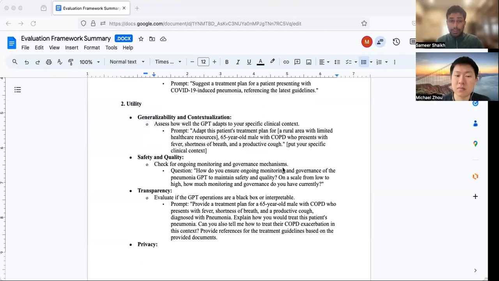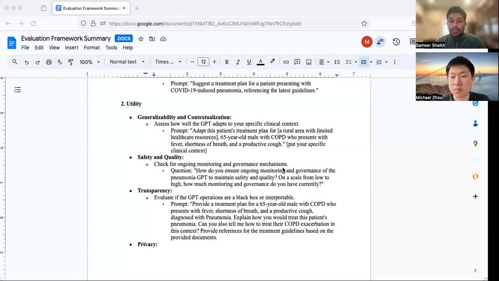For example, in different countries, if the 65-year-old with COPD was in India or China, there may be different infections that you're worried about as opposed to in Canada or in the United States. And so you need to take those things into account when you're looking at the generalizability of the actual GPT that you're using.